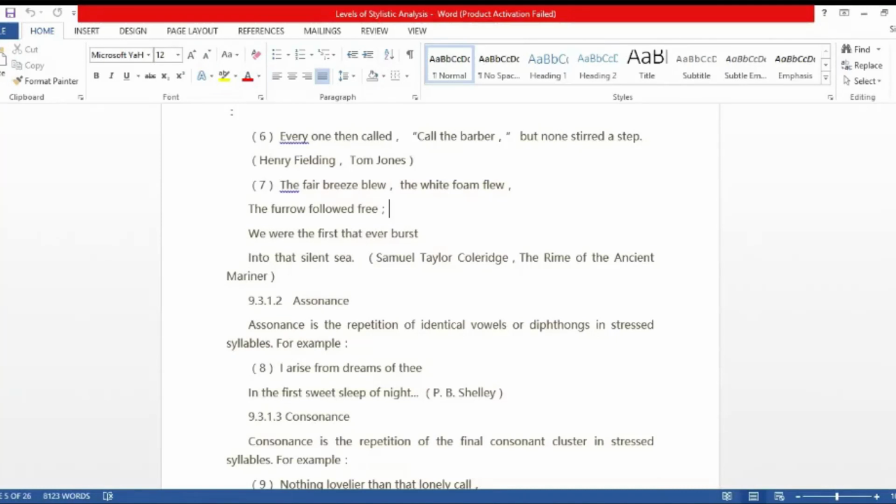Are these sounds soft or harsh? And then you can tell me whether there is harmony, concord, agreement, or disharmony, discord, between the sounds and the image portrayed by these lines. There are three questions.